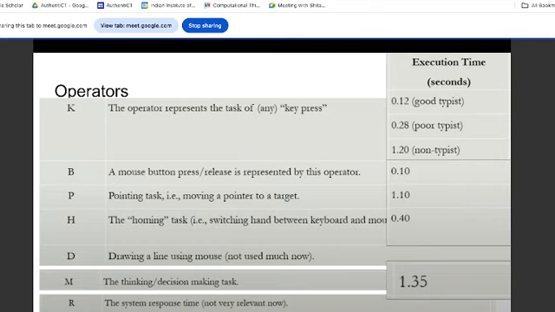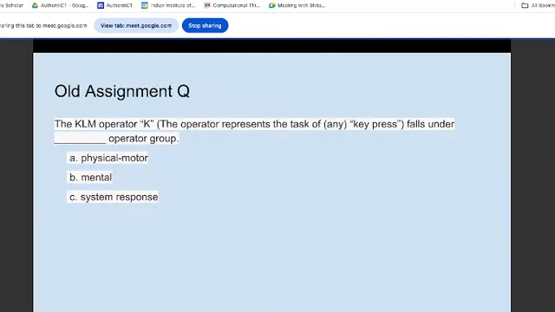All those mental decisions take about 1.5 seconds, so that is also time-consuming. When you add a lot of these sequences, you will see that the overall output is several seconds. So even though it is a frequently happening task, it is really time-consuming. To reduce the entire execution time of the task, we map it and use the KLM model.